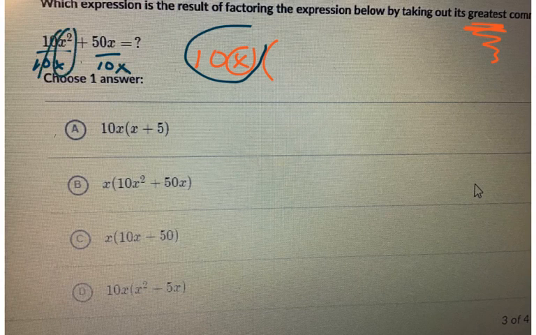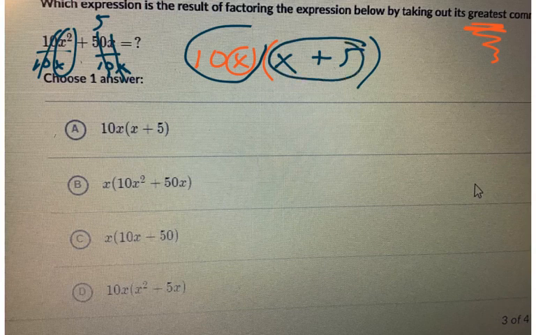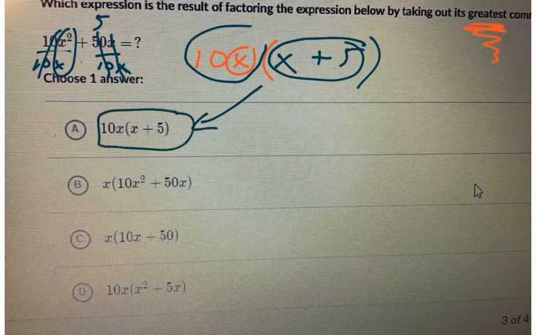X squared over x is simply x. 50 divided by 10 is 5. So I have a plus 5. X over x becomes 1. X plus 5, you see, is the remaining factor. So as you can see right here, choice A is the greatest common factored form of what we started out with.